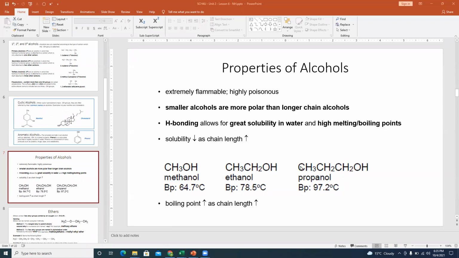And as the chain gets longer, it doesn't have as great a pull on these electrons. So it's not as polar. It's not as great a difference in the polarity between the two ends of the molecule as it is here in this shorter molecule.